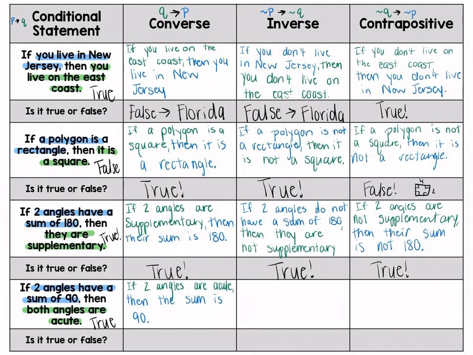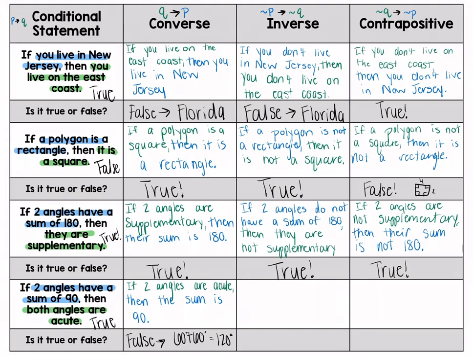And so we have to think about that. Is that true or false? And that is false, because give me two acute angles that add to not 90, and that would be 60 plus 60. 60 plus 60 degrees is 120 degrees. Both 60-degree angles are acute, but they don't have a sum of 90, so that would be false, okay?